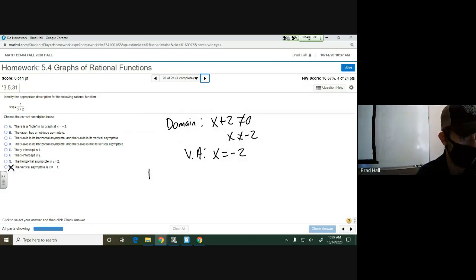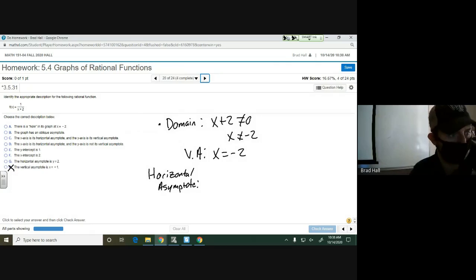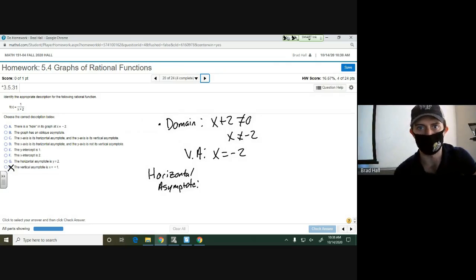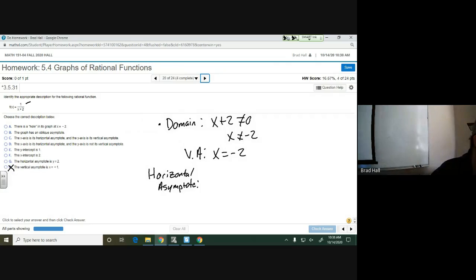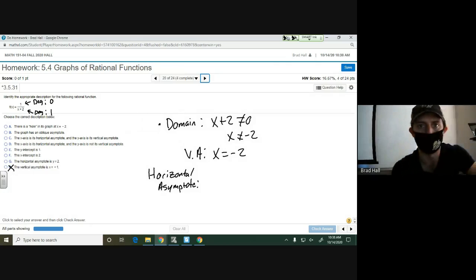Additionally, the horizontal asymptote has to deal with the degree of the numerator and the denominator. The degree of the numerator is 0, and the degree of the denominator is 1.